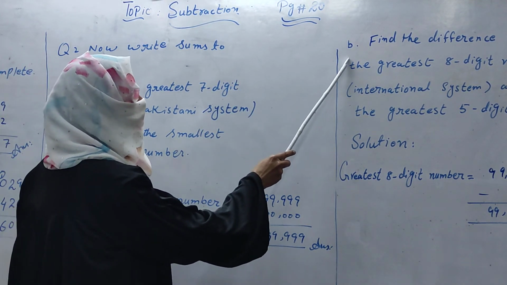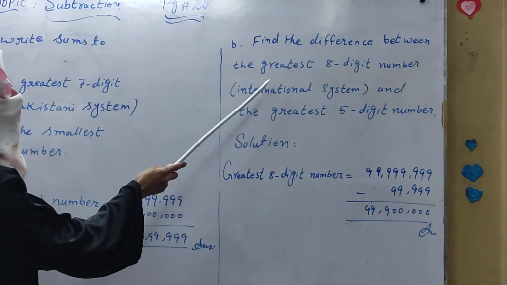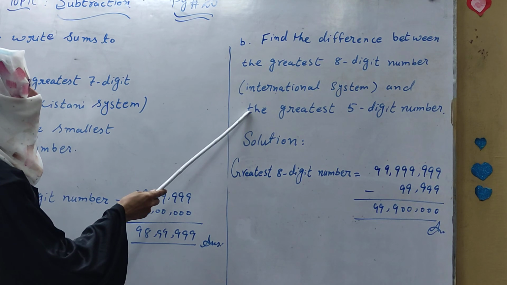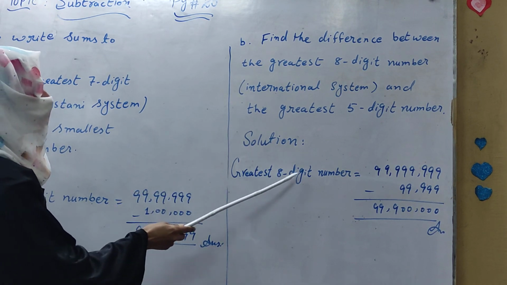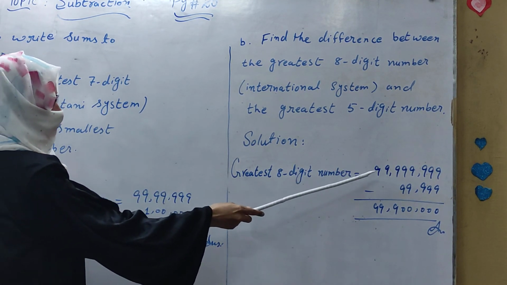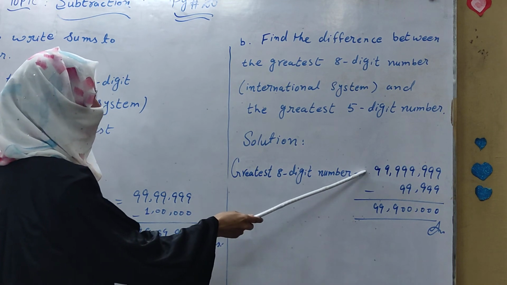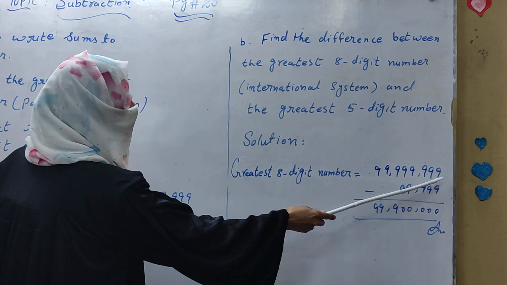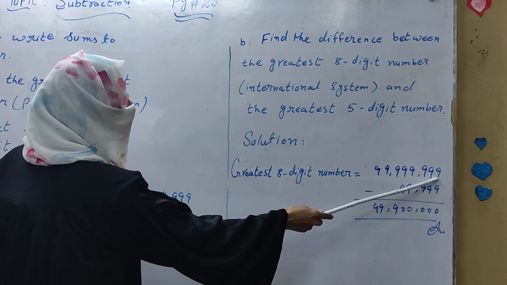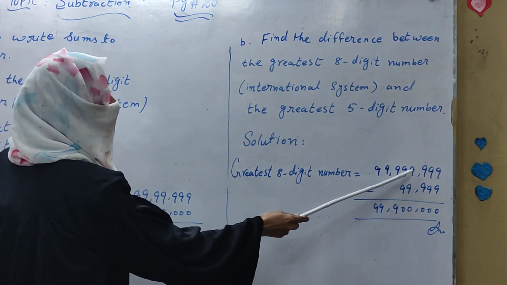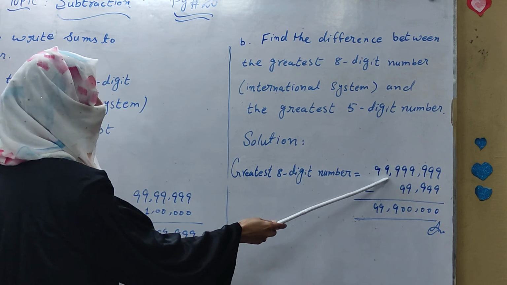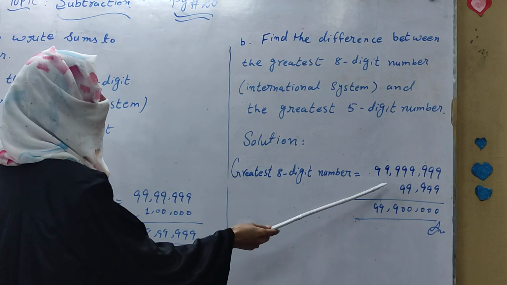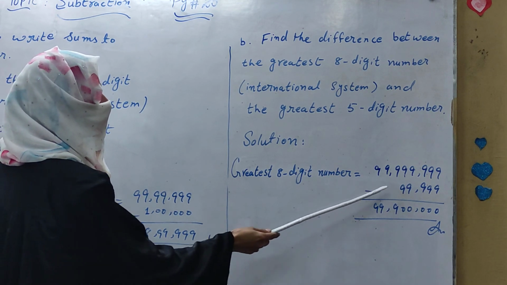Next part B. Find the difference between the greatest 8-digit number in the international system and the greatest 5-digit number. The greatest 8-digit number is 99,999,999, and in the international system we place commas after hundreds, thousands, and hundred thousands. So you have to put commas according to the international system. For the greatest 5-digit number you have to write 5 nines.